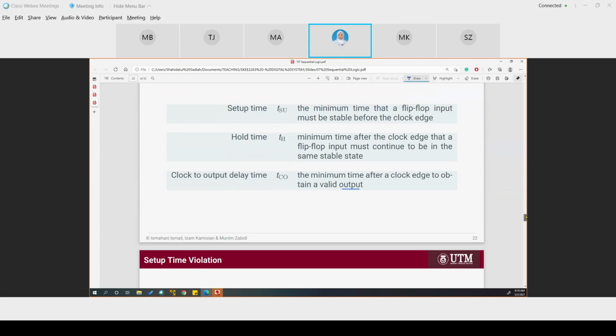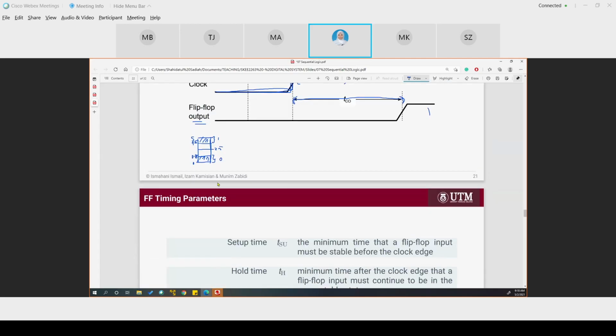If you have circuits connected to each other, the output from here to here must be within this time, the TCO.